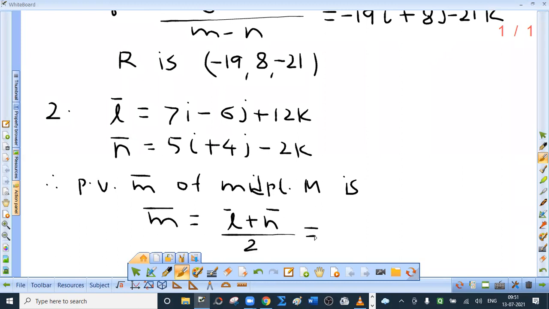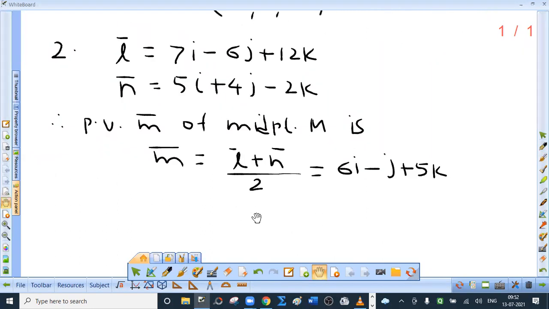Substitute L bar and N bar and tell me the answer. So what is M? 6, minus 1, 5.